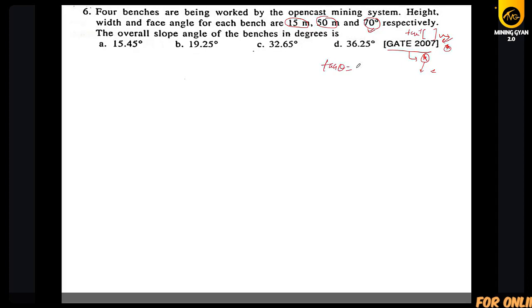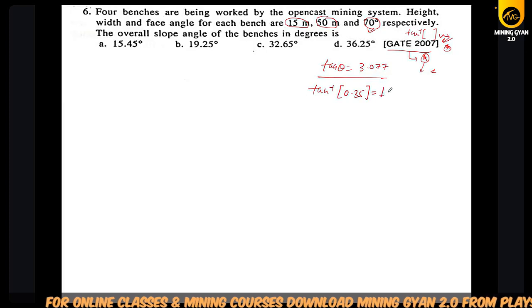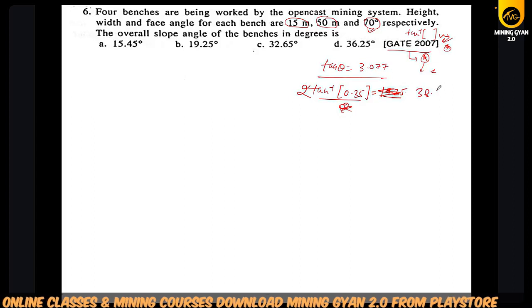So I will give you the tan theta value, which is 3.077, and tan inverse 0.35 is 19.25, multiplied by 19.25, the value is 38.5.